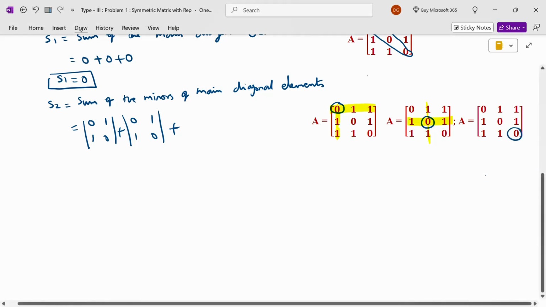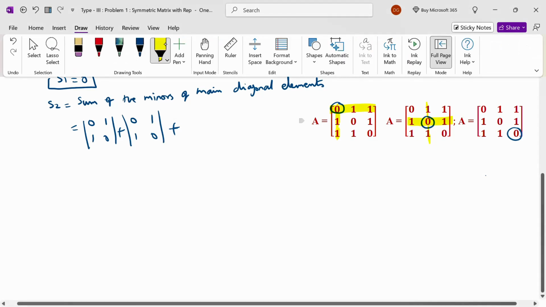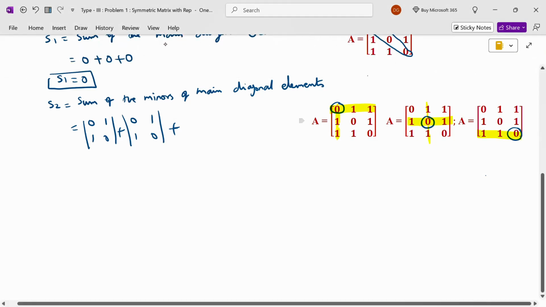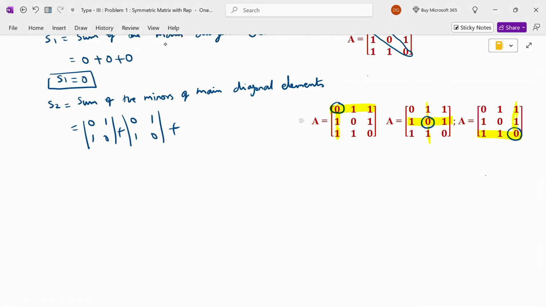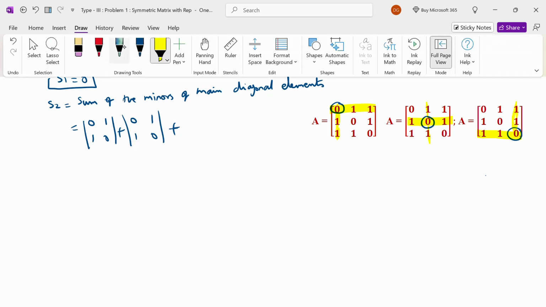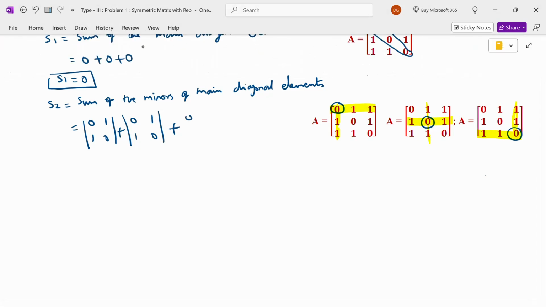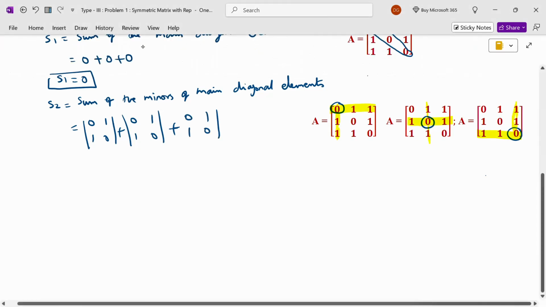For this third diagonal, again ignore this row and column. Therefore we have 0 1 1 0. Now to calculate: 0 minus 1, plus 0 minus 1, plus 0 minus 1, so S2 is minus 3.